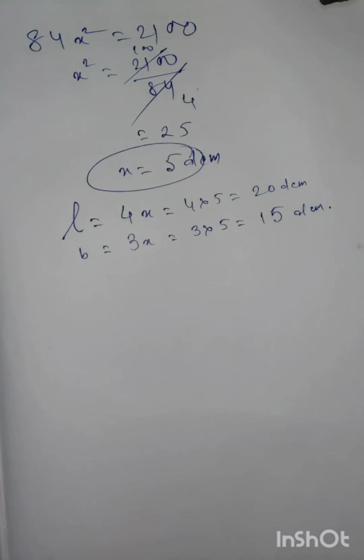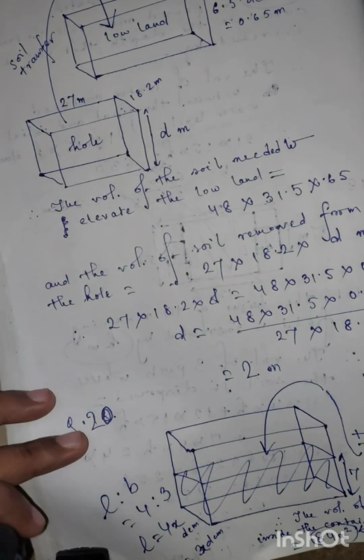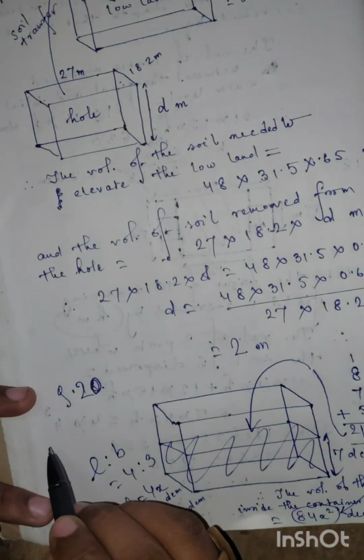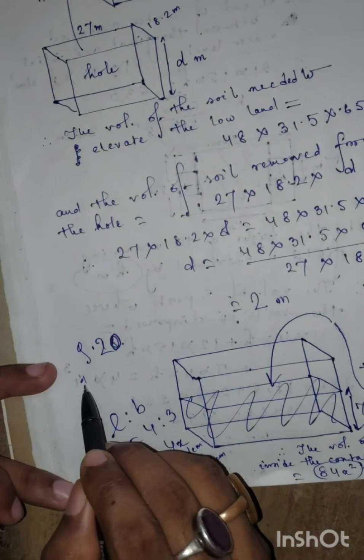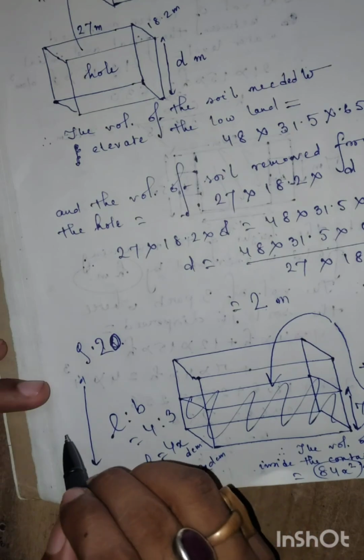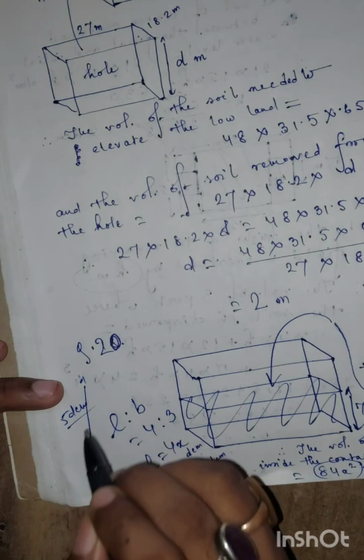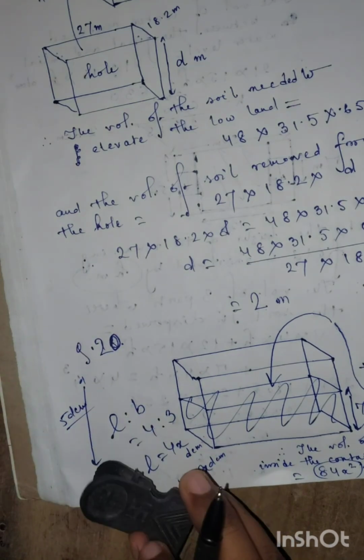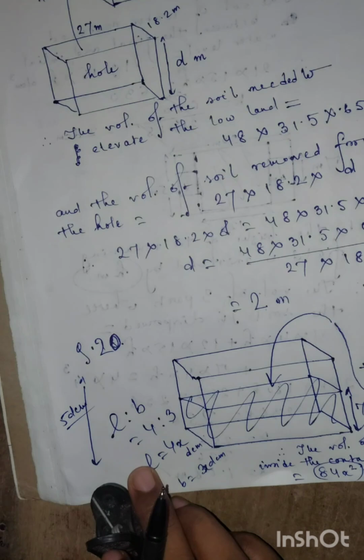Now the second part of the question says, if the depth of this container, that means this part, becomes 5 decimeter, then whether or not we could accommodate 1620 liter of oil in it.